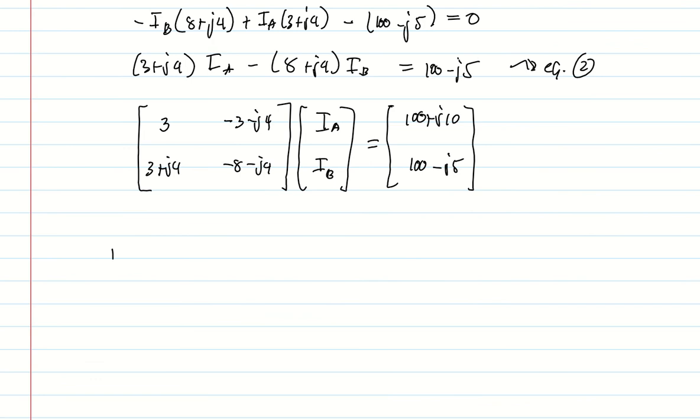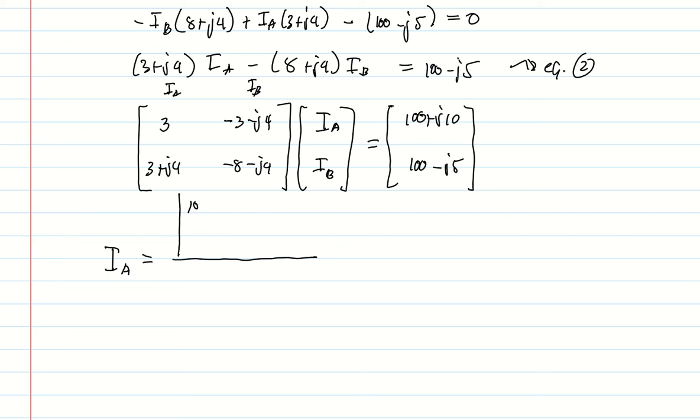First, to solve for IA, we need delta A, or the cofactor of IA. So we just change the column. These are the IA and IB coefficients. If you are solving for IA, change the coefficients of IA with the constants.